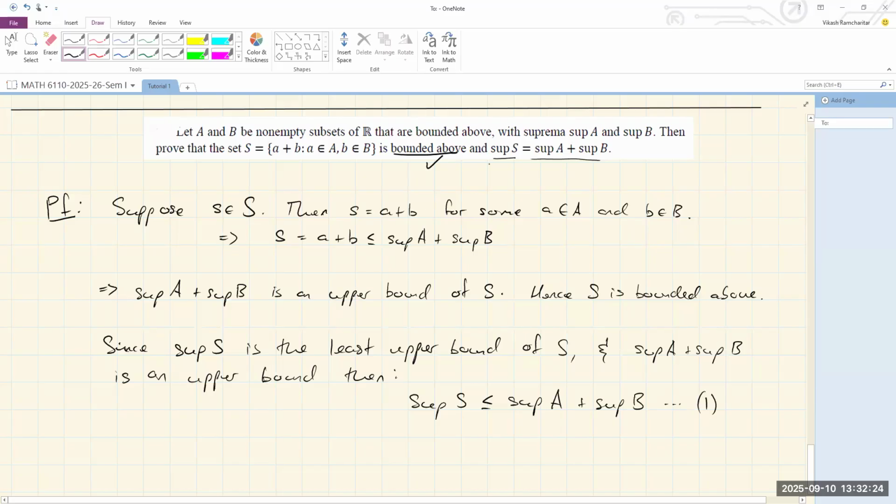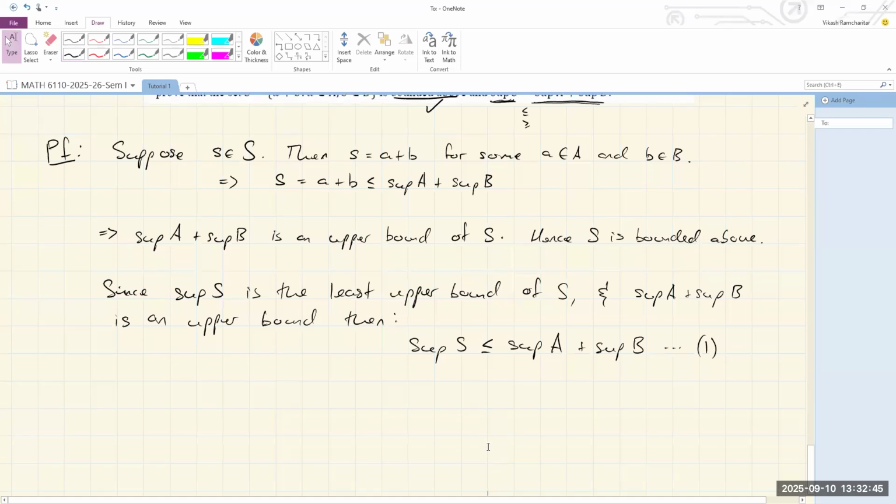I want to prove that the supremum of S is equal to supremum A plus supremum B. What we've shown is half of it: the supremum of S is less than or equal to the supremum of A plus the supremum of B. So now we need to show it's bigger than or equal.